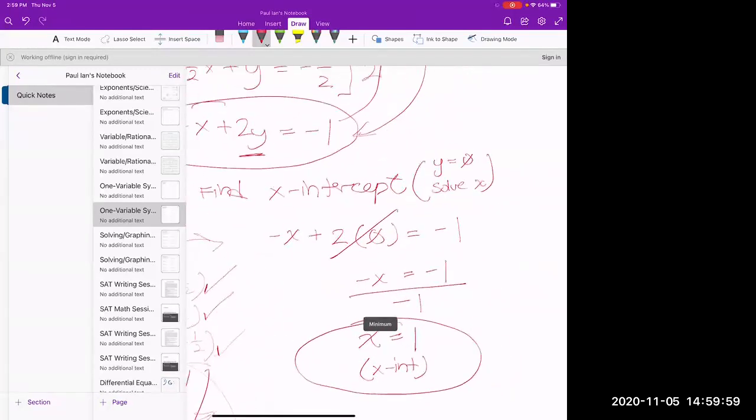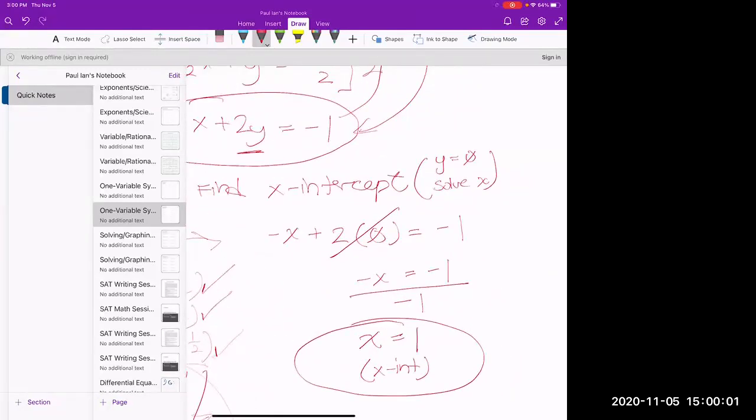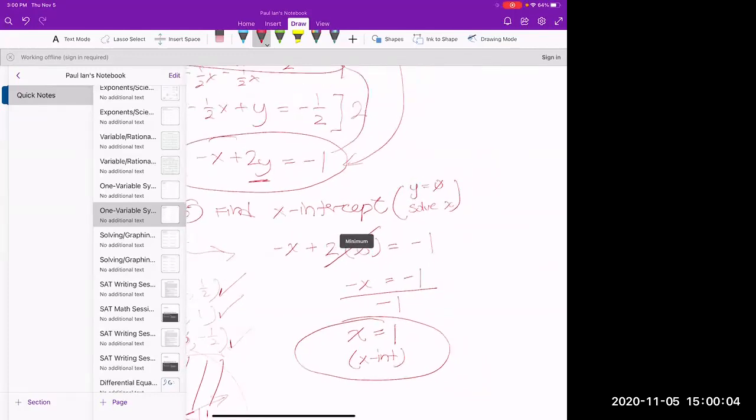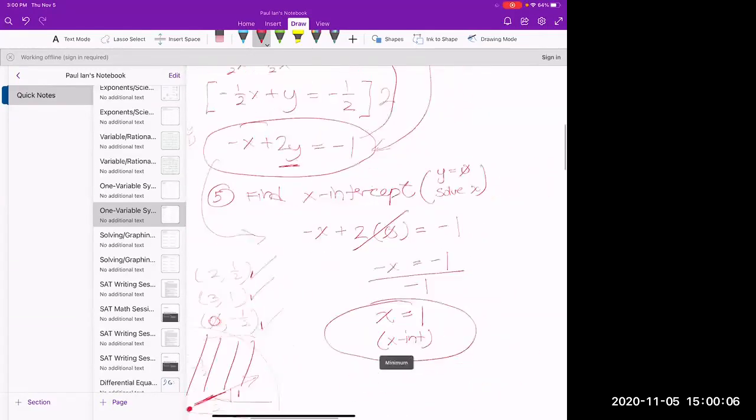If someone were to ask you to graph your x-intercept, it's harder to graph something with it, but it's not that bad.